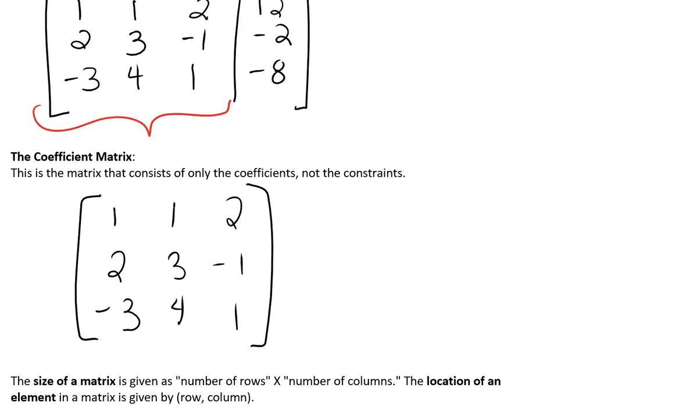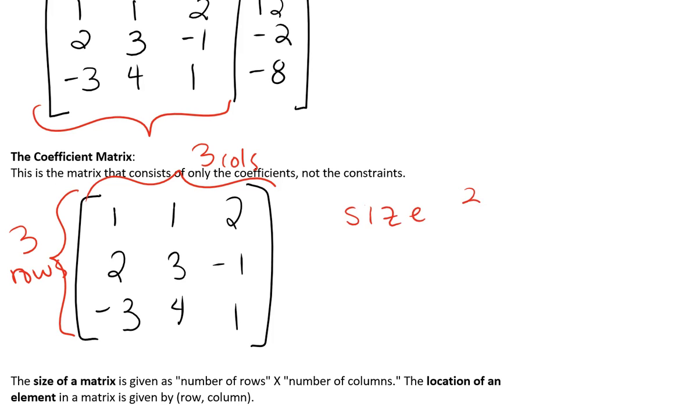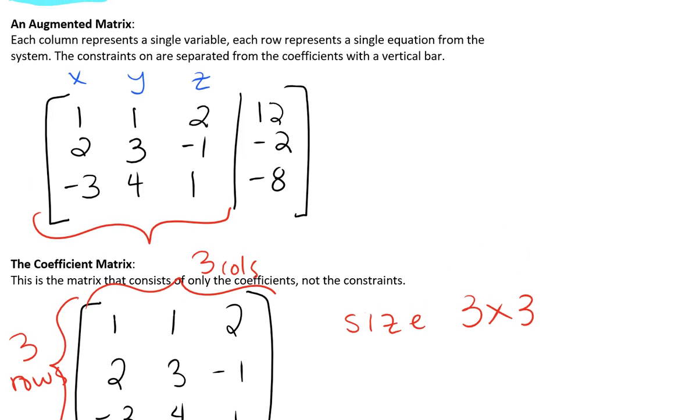The size of a matrix is given as a product. We write it as the number of rows by the number of columns. So if we look at this coefficient matrix, we have 3 rows, and we also have 3 columns. So this matrix would have size 3 by 3. The augmented matrix that we had before also had 3 rows, but the augmented matrix includes the constraint, so it has 4 columns.